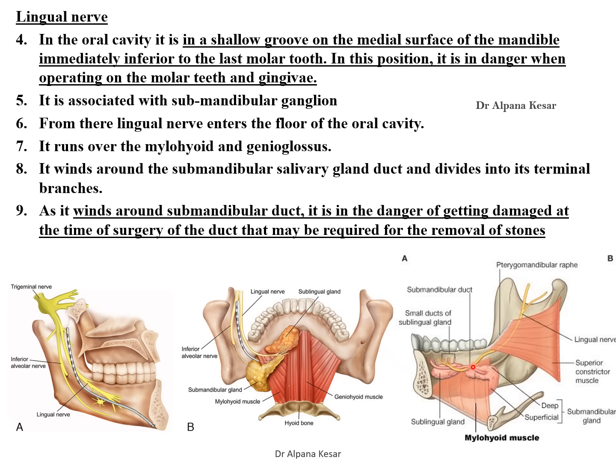When it winds around the submandibular gland duct, it is in danger of getting damaged at the time of surgeries performed on the submandibular gland duct. Such surgeries are required for procedures like removal of stones that may be formed in the duct. These surgeries must be performed carefully so as not to damage the lingual nerve.